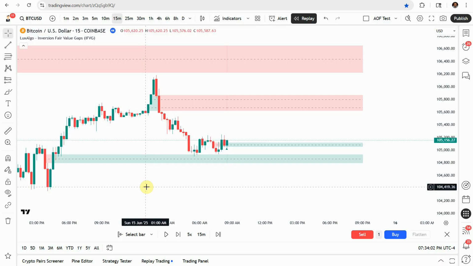Alright, as I said, today we will be testing a smart money concepts indicator. And so the source video says this trading indicator signals perfect IFVG setups.